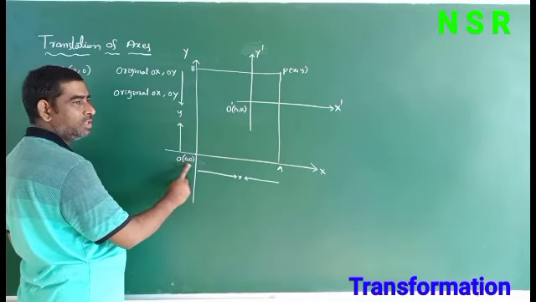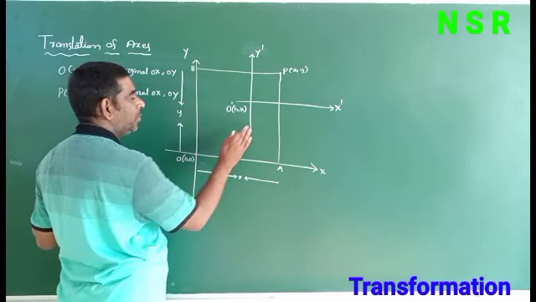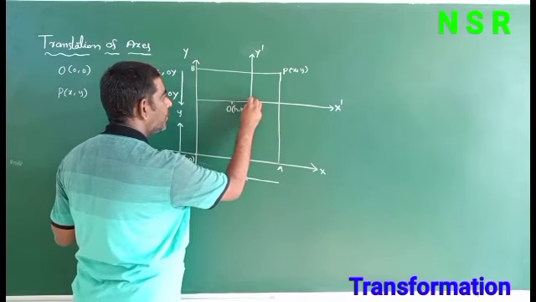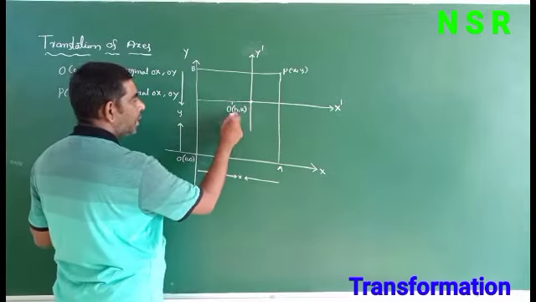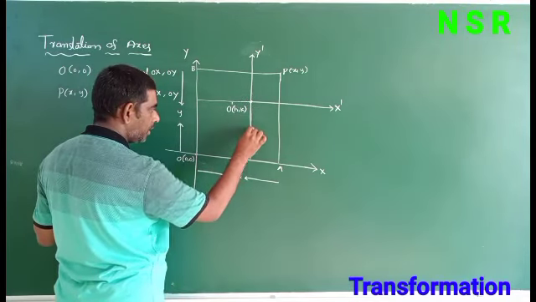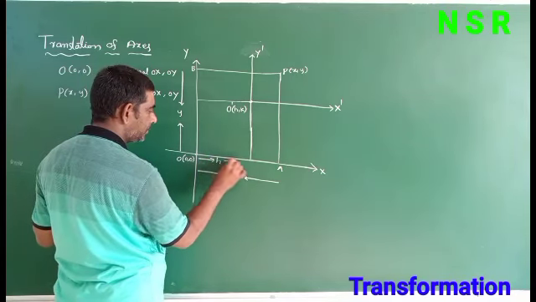This is origin O(0, 0). This one is the origin shifted point O dash (h, k). O dash (h, k) means the distance from the origin to here is h.